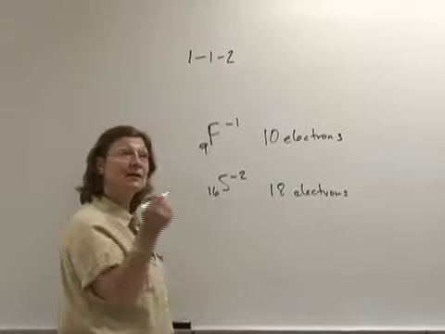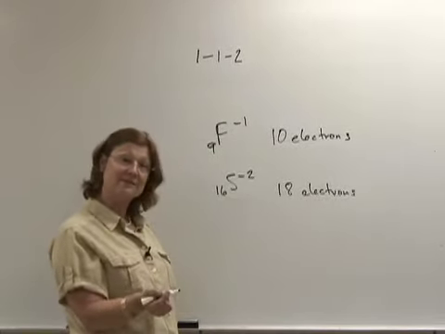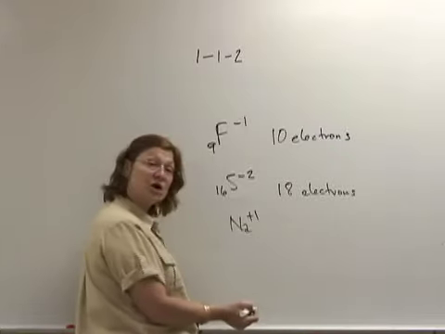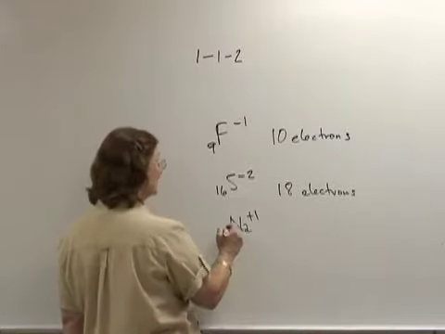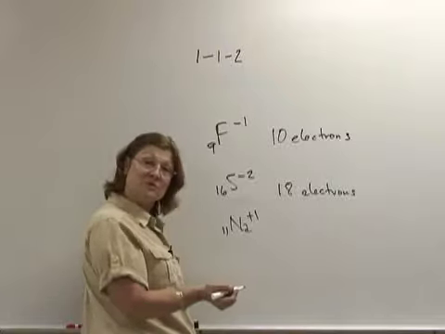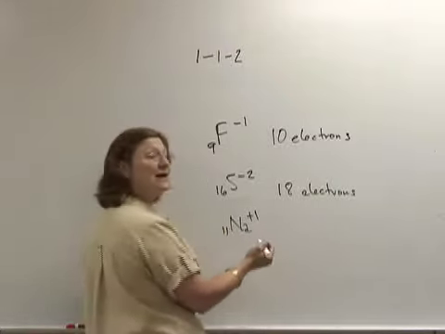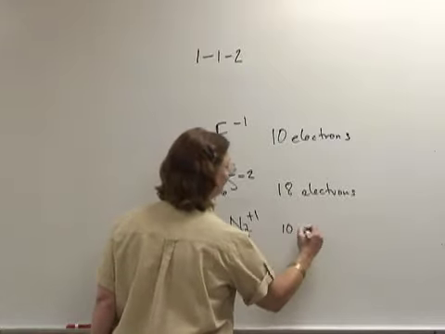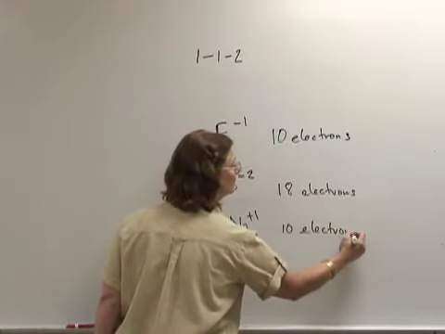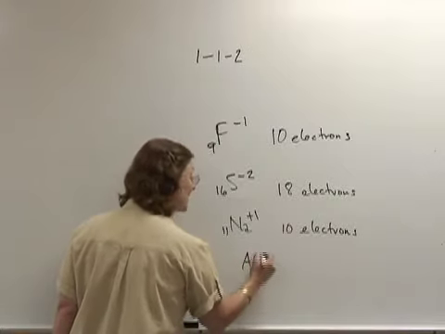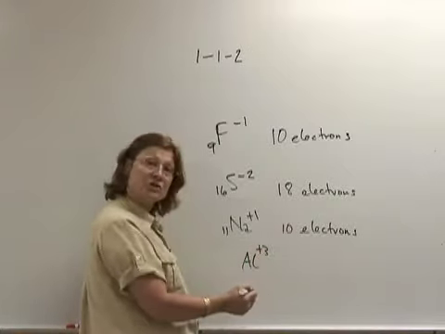When we lose electrons, we get a positive charge. And sodium will have a +1 charge. Well, sodium's atomic number is 11. If it loses 1 electron, it becomes 10 electrons. We may have aluminum that has a +3 charge.